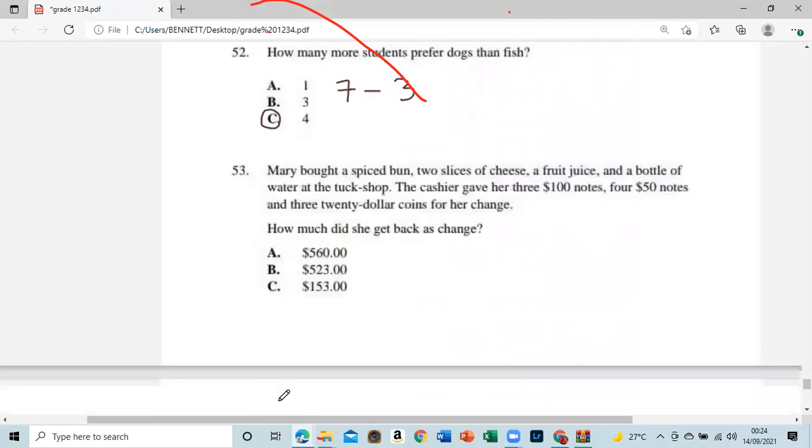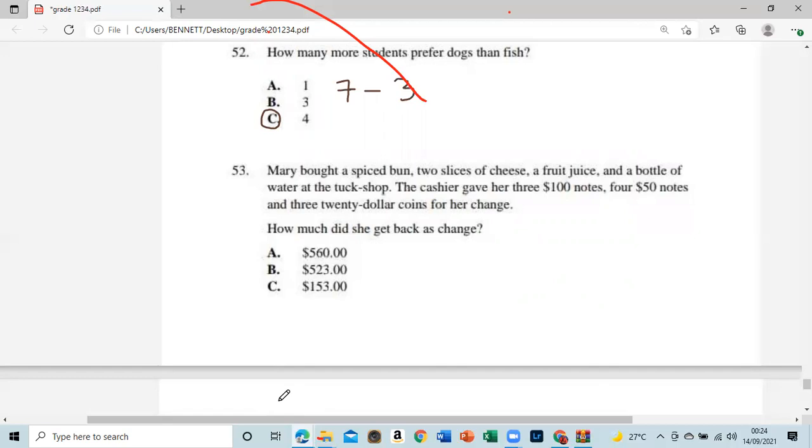53. Mary bought a spice bun, 2 slices of cheese, a fruit juice and a bottle of water at a tuck shop. The cashier gave her 3 $100 notes, 4 $50 notes, and 3 $20 coins for her change.